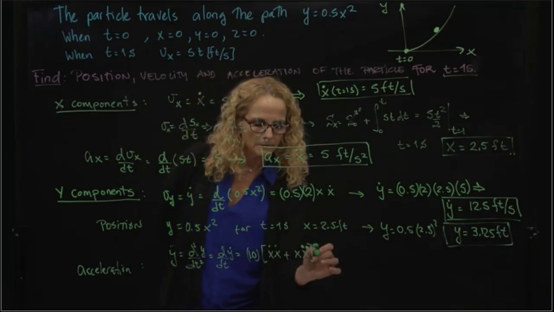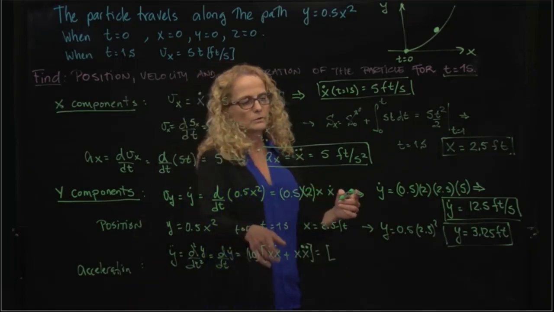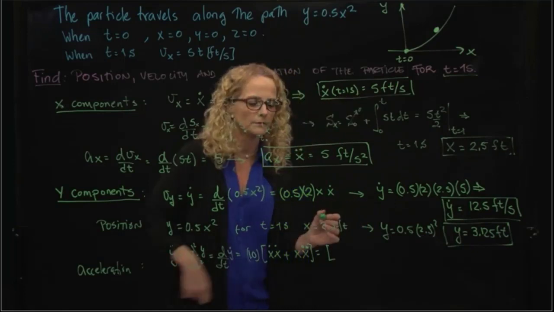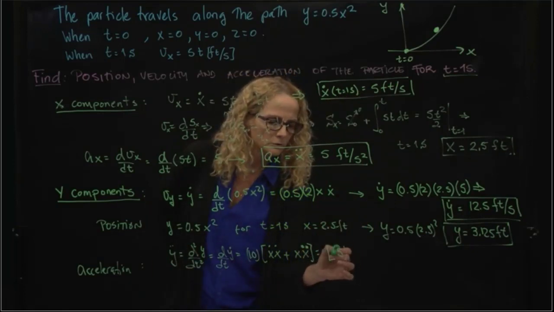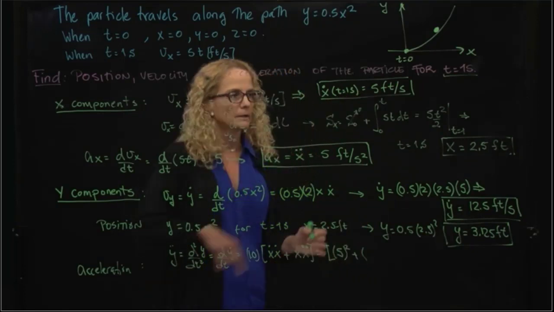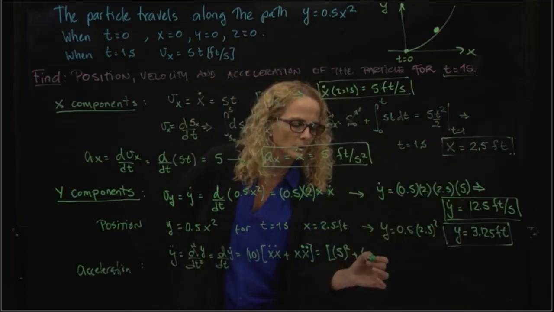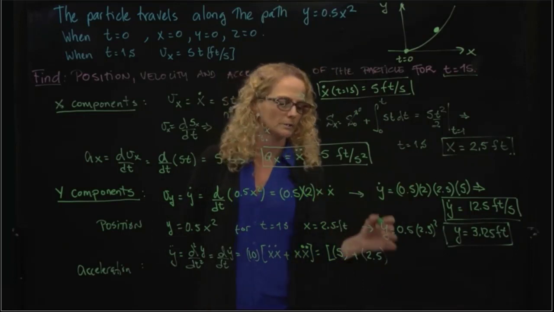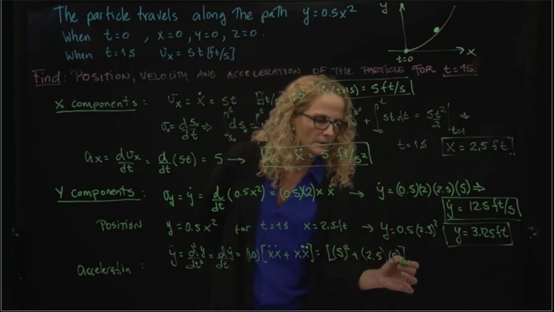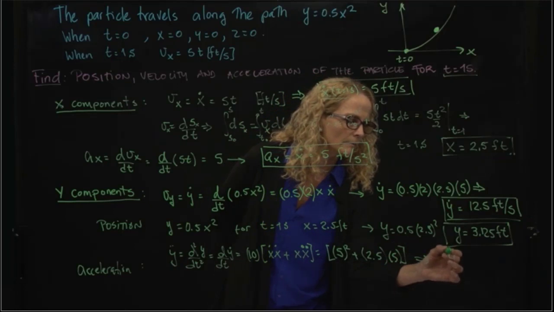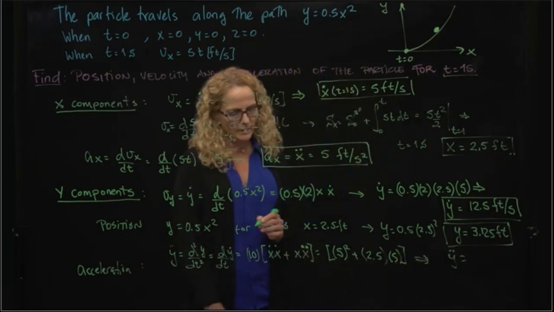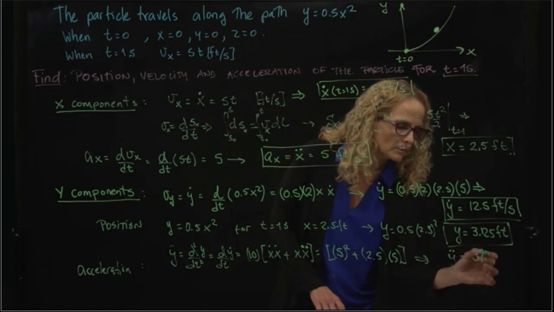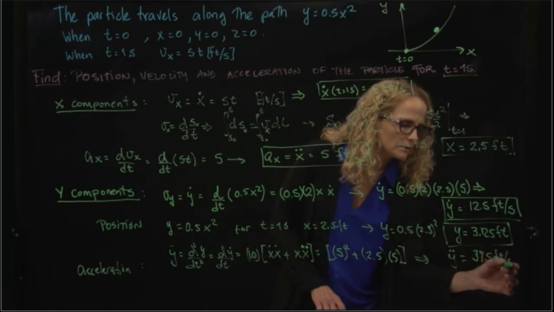If I evaluate those values, I have x dot, which is given as 5, squared, plus the position, which is 2.5, times the acceleration, which is 5. That gives me my acceleration in the y component, which is equal to 37.5 feet per second squared.